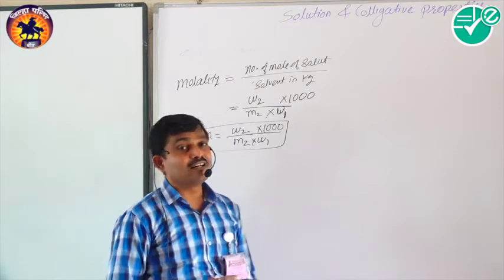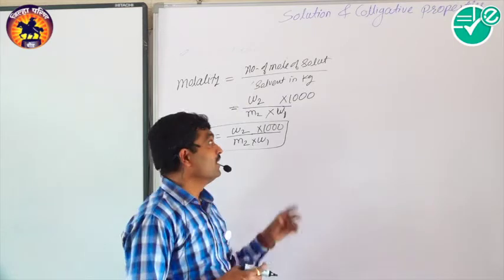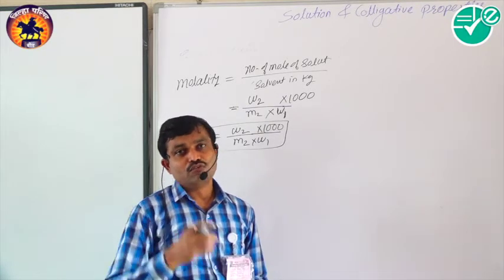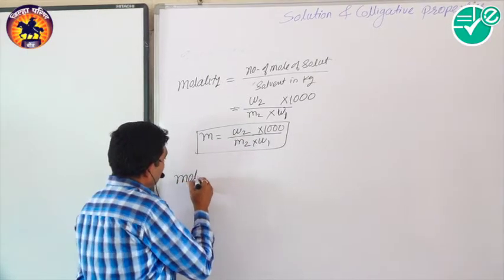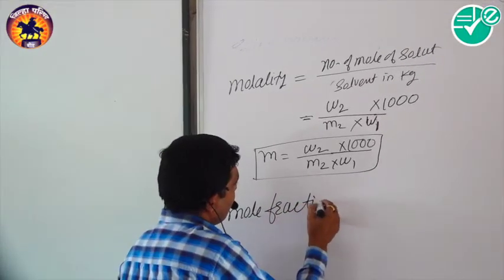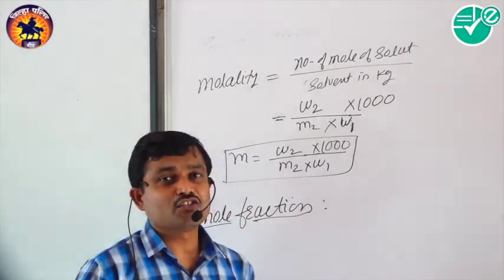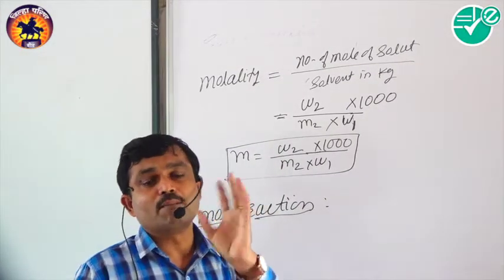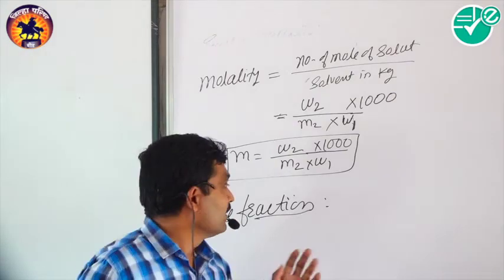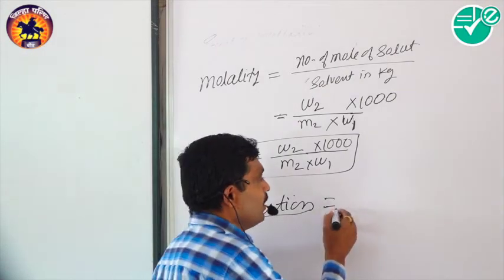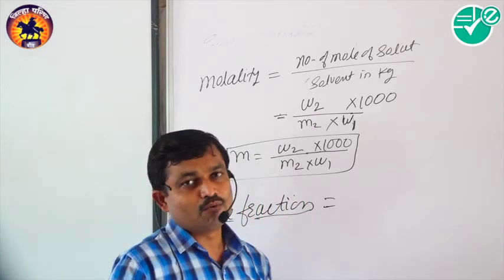Now the other term required to study the colligative property is the mole fraction. Mole fraction is nothing but the ratio between the number of moles of one component to the total number of moles of all the components present. Suppose there are two components, one the solute and the other the solvent.